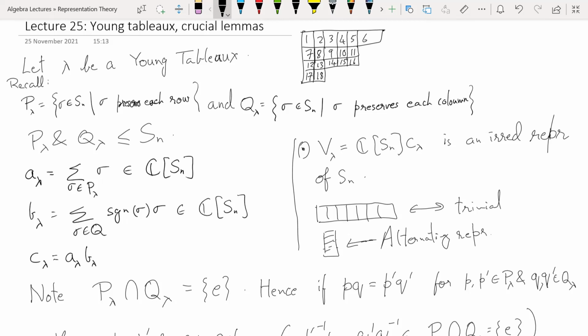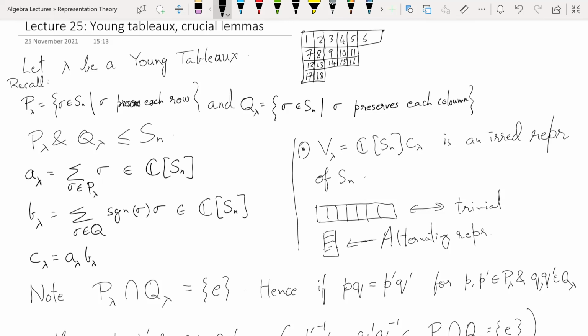Note that if you replace C lambda by any element of this group ring, then also it's going to be a representation. So this V lambda is a left ideal. So it's going to be a representation, but with C lambda, it's going to be irreducible, is what we want to show. Okay, so that is the reason we are taking C lambda.